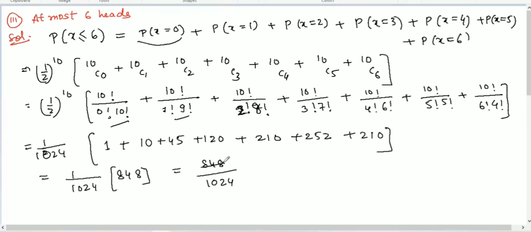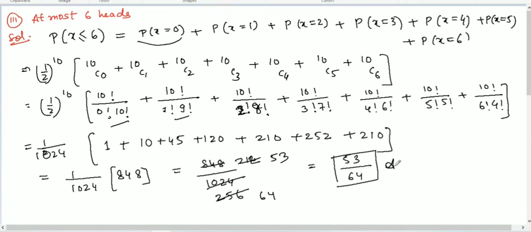Then again you can cancel it by 4. So your probability of getting at most 6 heads will be 53 over 64. So this is your answer.